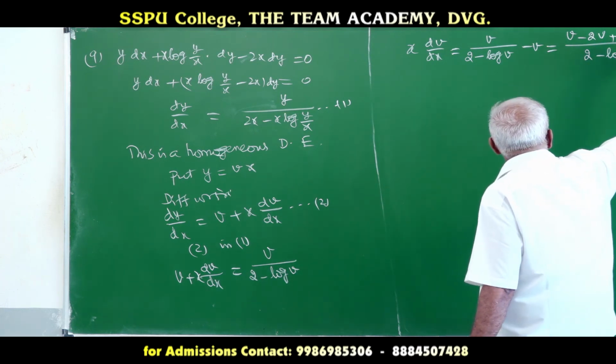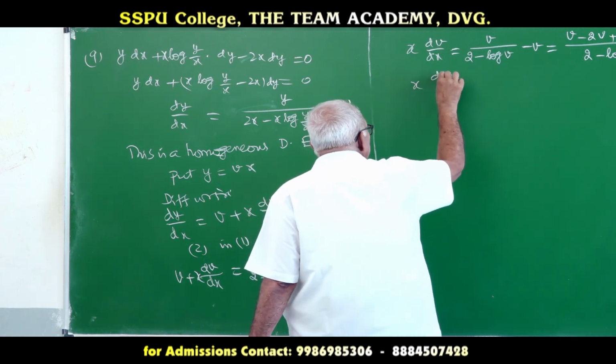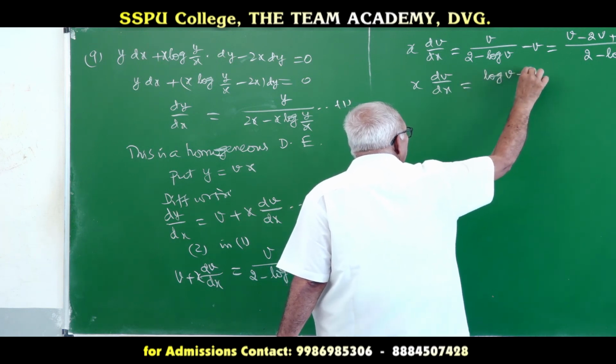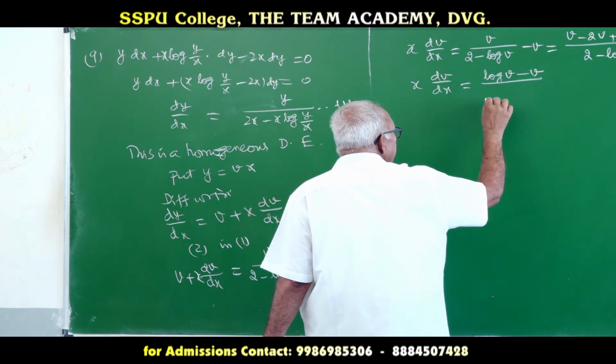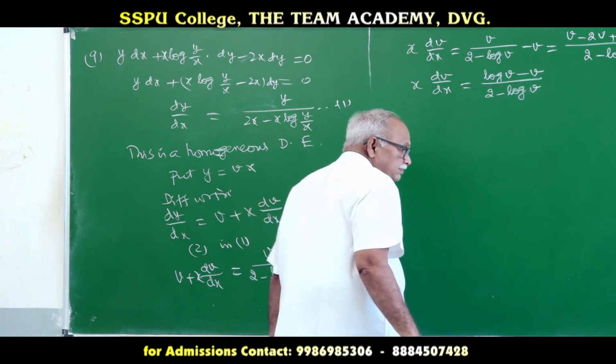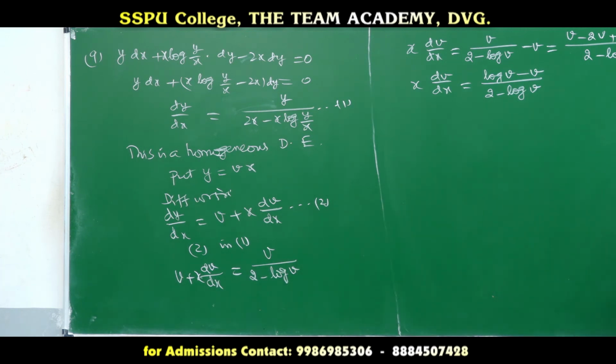So, what you get here, x dv by dx is equal to v log v minus v divided by 2 minus log v.